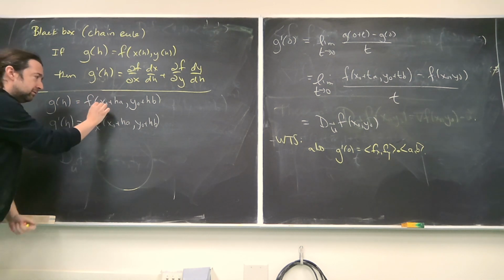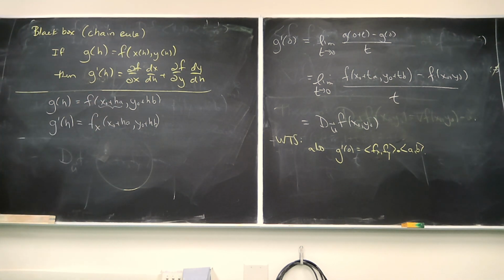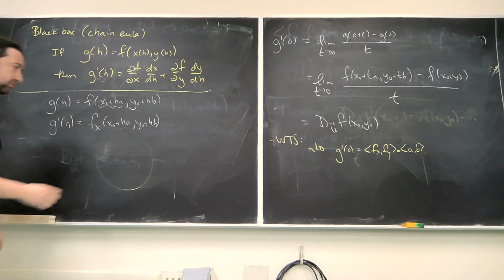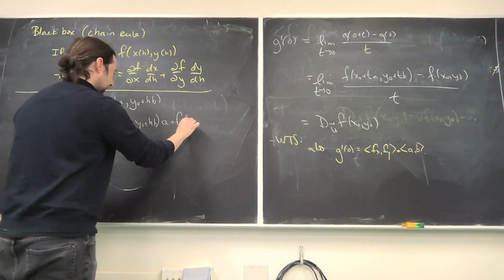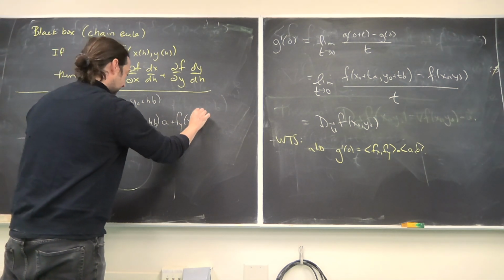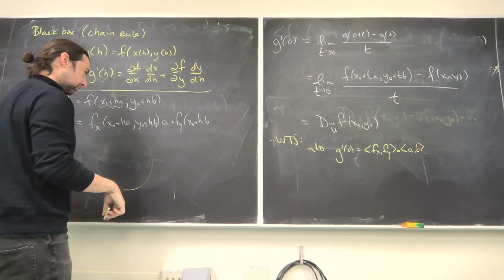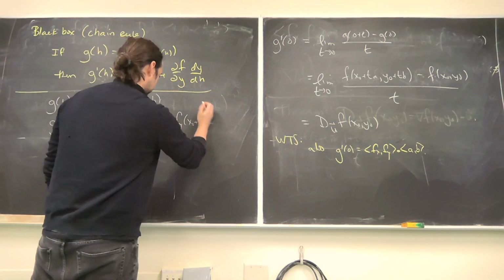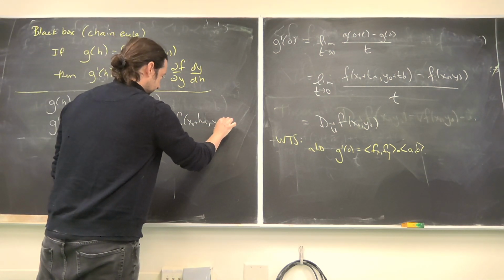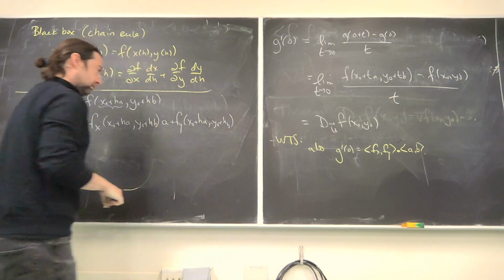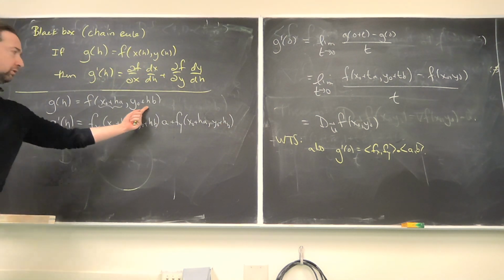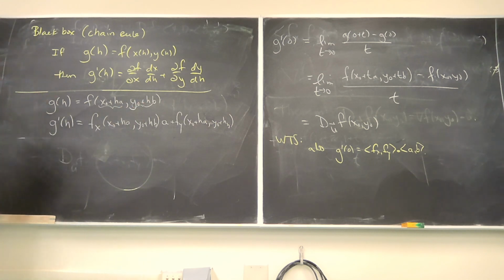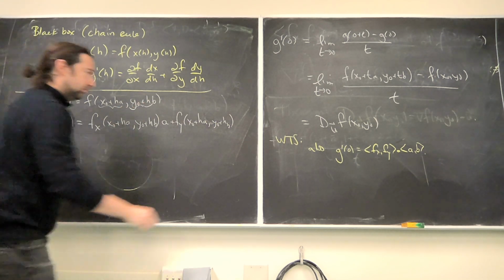Just this bit right here. X naught plus ha, if I take its h derivative, I get a. Plus fy of x naught plus ha, comma y naught plus hb. That's the y derivative of f times the h derivative of this function right here, which is b.